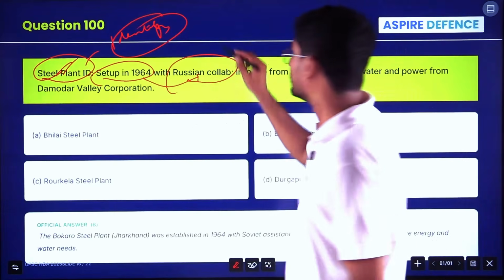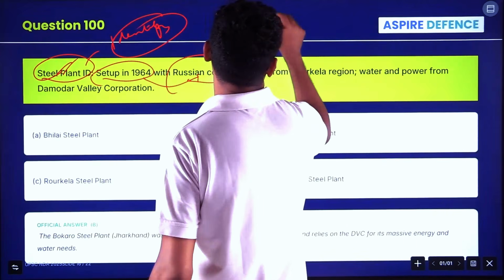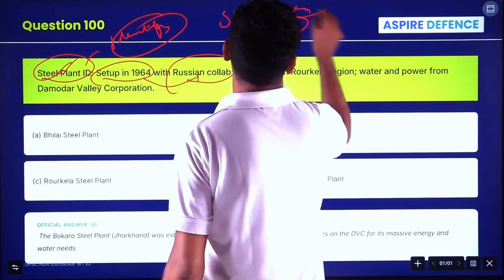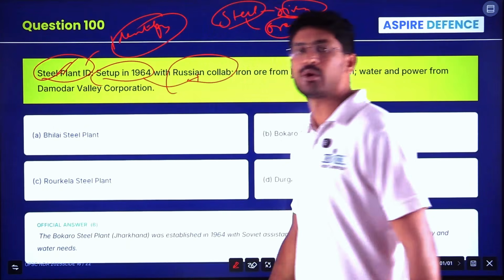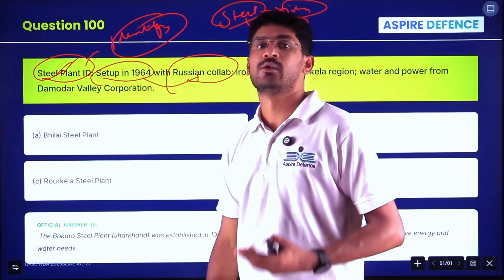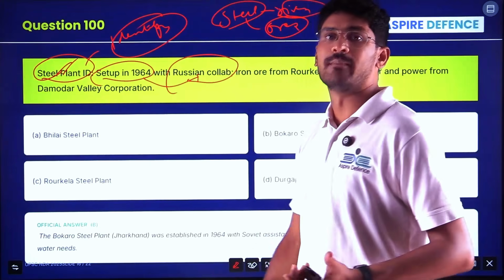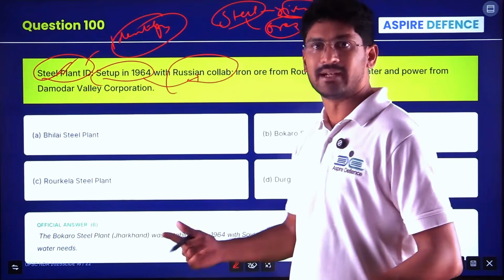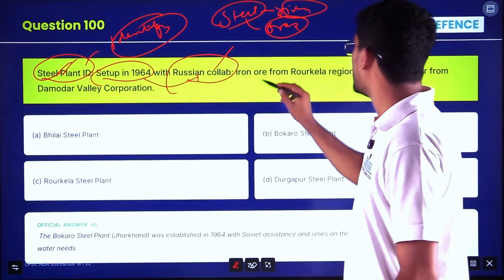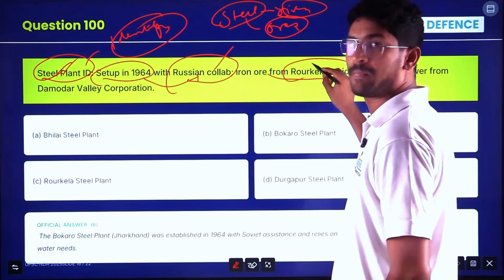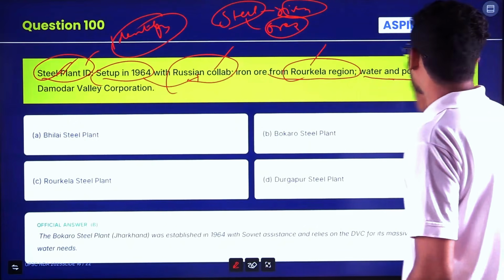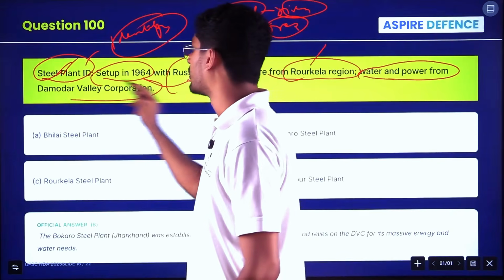As I told, mapping important steel industries, the rivers linked to it, the ores, the mining, the important minerals like steel, aluminium, iron, bauxite, mica, all this becomes very important. Copper, gold, silver, all this will be very important. Iron ore from the Rourkela region is used to make steel, and water and power from the Damodar Valley Corporation.